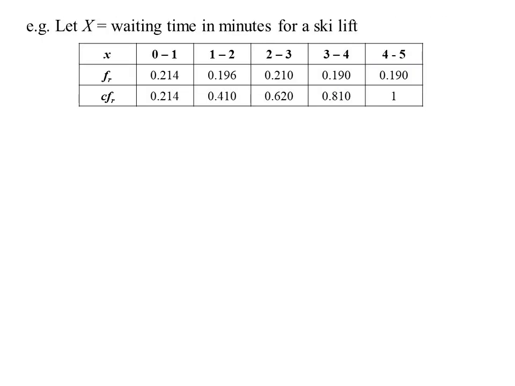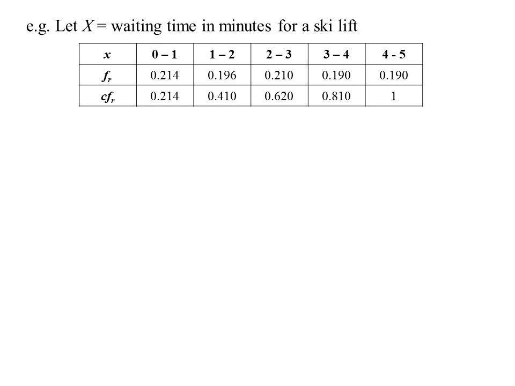Here's an example. If X is the amount of time we're waiting in minutes for a ski lift, and the classes that I'm saying were 0 to 1 minute, 1 to 2 minutes, and so on. And we know the probability or the relative frequency for those particular classes. And I can work out the cumulative relative frequency then by simply adding as we go along.